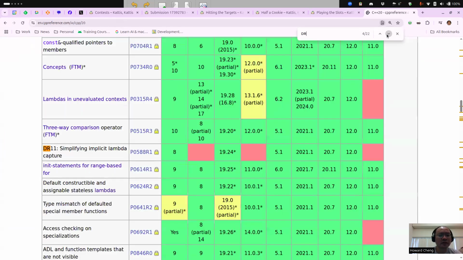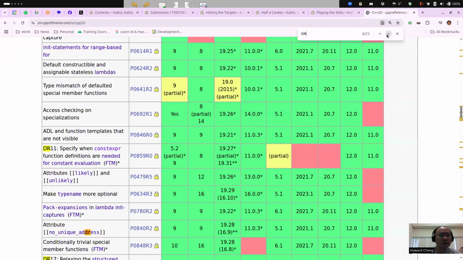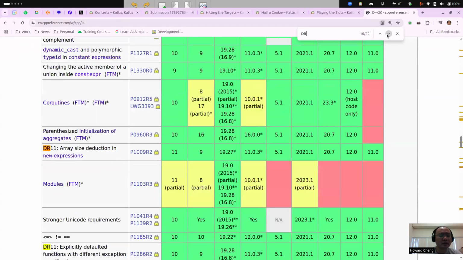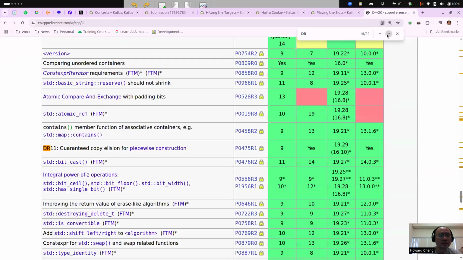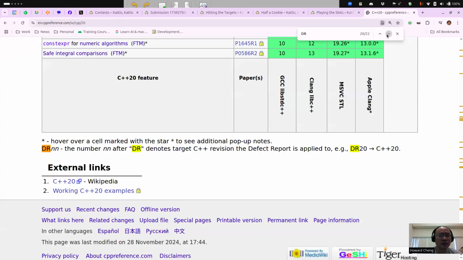DR11. Actually, no, okay, hang on. DR, the number NN after DR denotes the target C++ revision the defect report is applied to.